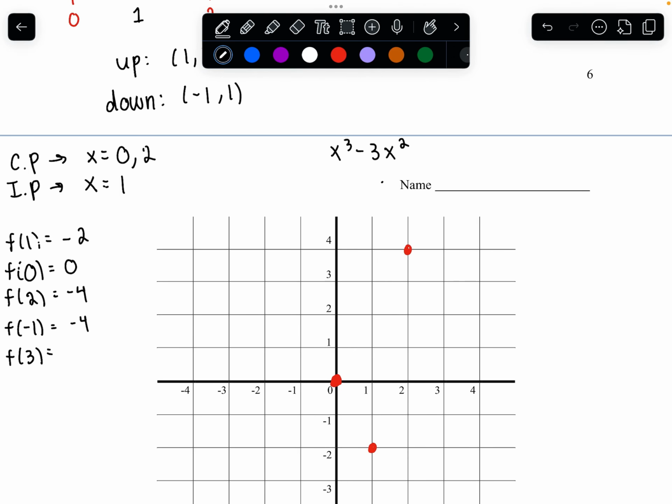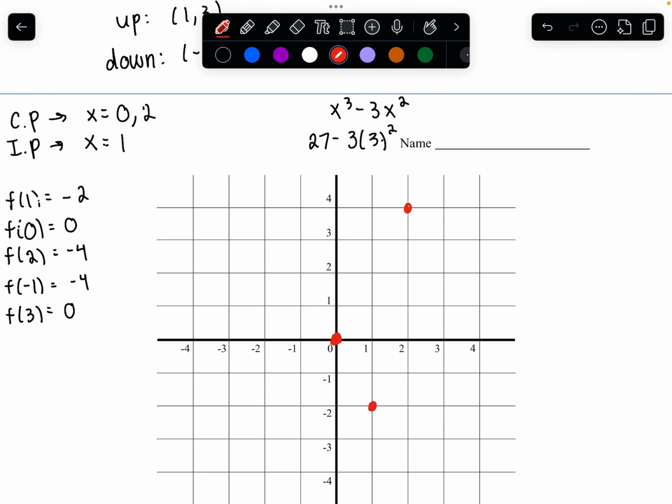Okay. If I plug 3 into there, 3 cubed is 27 minus 3 times 3 squared, that's 3 cubed, so that's 0, right? Sure.